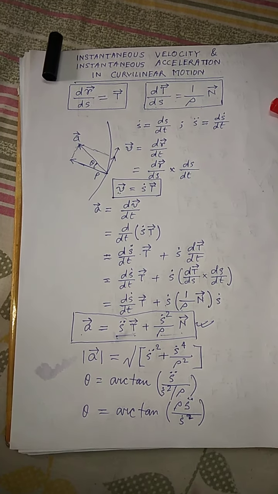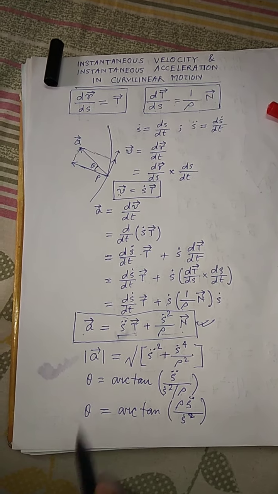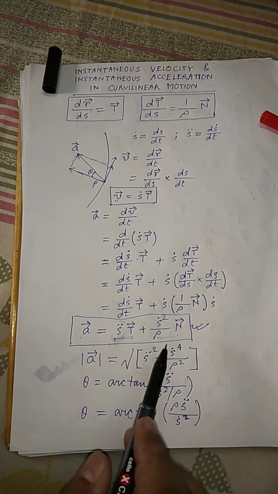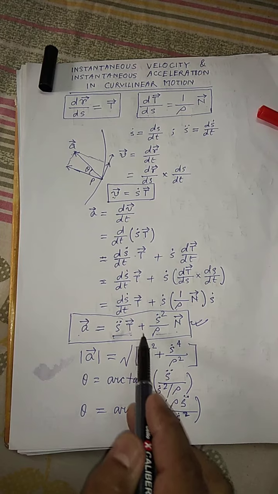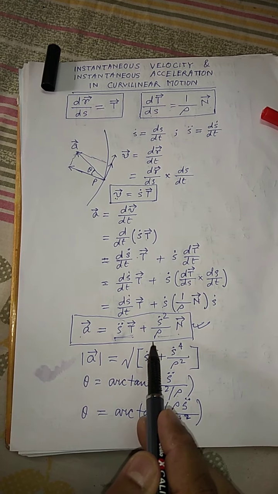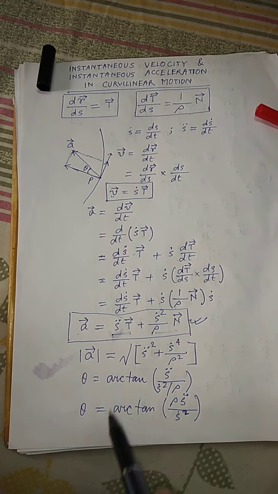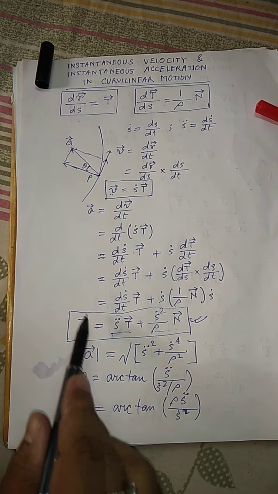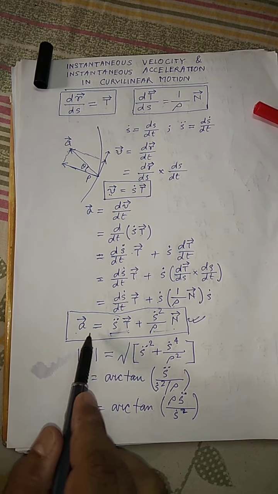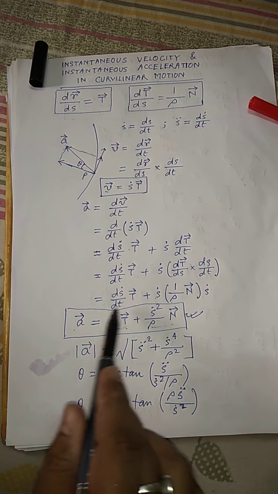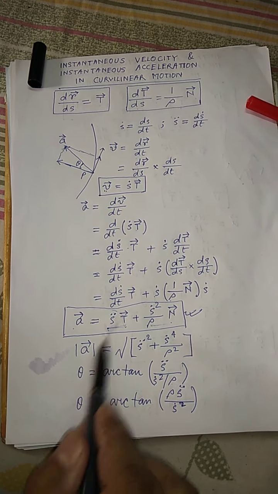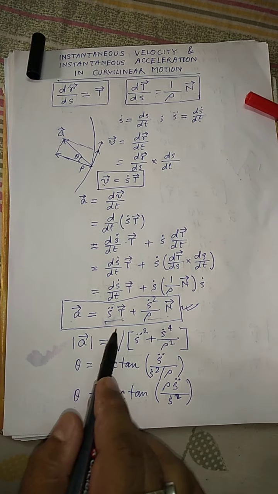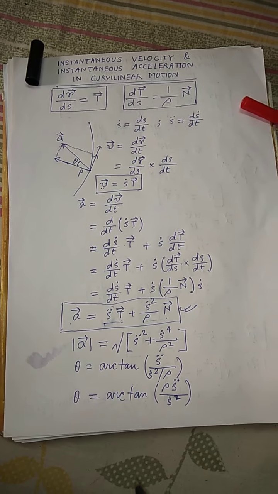From this expression we can say that in the case of rectilinear motion, rho tends to infinity and the normal component of the instantaneous acceleration gets reduced to zero vector, and in that case the instantaneous acceleration will be equal to the tangential acceleration and the direction will be along the straight line followed by the particle in the rectilinear motion.